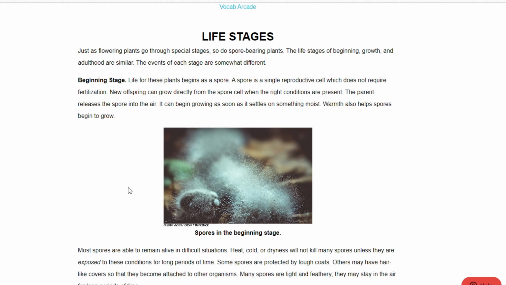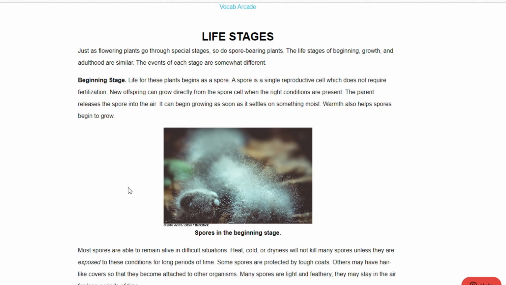Okay, a spore can live a long time before actually growing into a plant, kind of similar to a seed. All right, so they can remain alive with heat, cold, or dryness for quite a long time unless they are exposed for long periods of time. Okay, some spores are protected by tough coats.